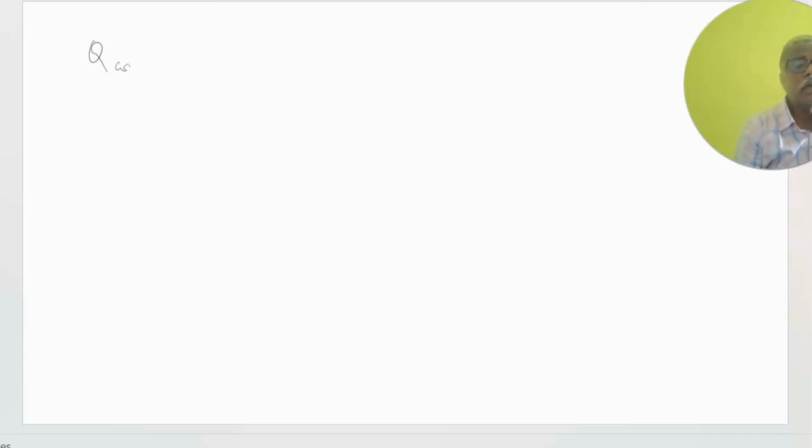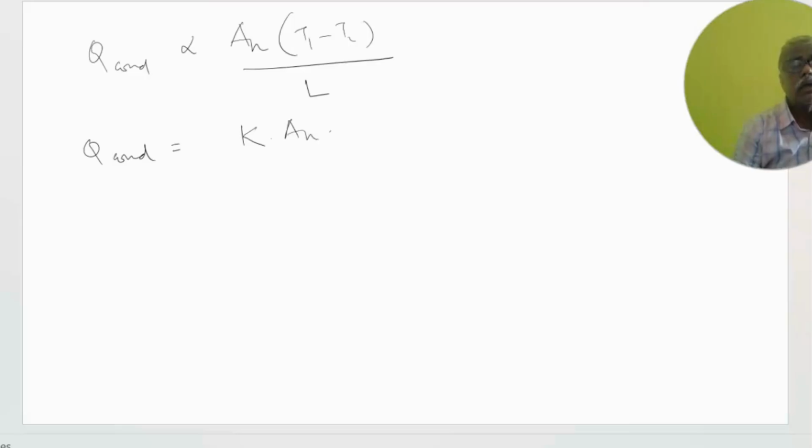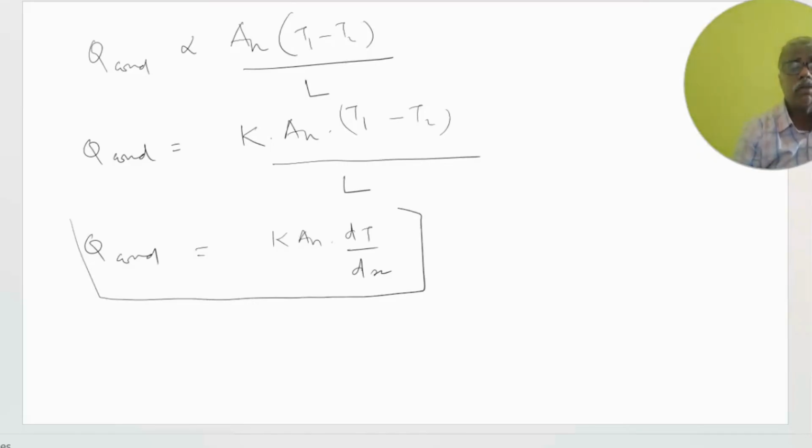Q conduction is directly proportional to area normal to the heat flow, temperature difference, and inversely proportional to L. And this proportionality constant is called as K. K into AN into T1 minus T2 by L. So when the thickness is very small, this can be written as K AN into dT by dx. And this is called as Fourier law of heat conduction.